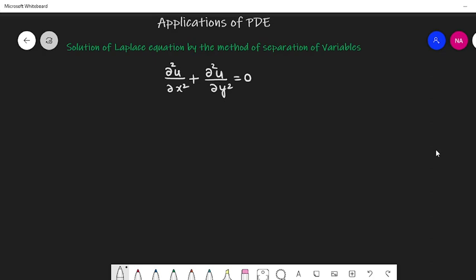So Laplace equation is actually a second order linear differential equation which is widely useful in physics. Especially it occurs in the solution of problems related to electrical, magnetic and gravitational potentials, steady state temperatures and hydrodynamics.